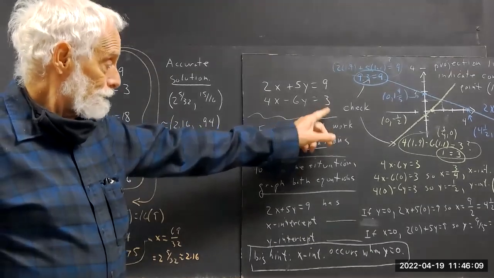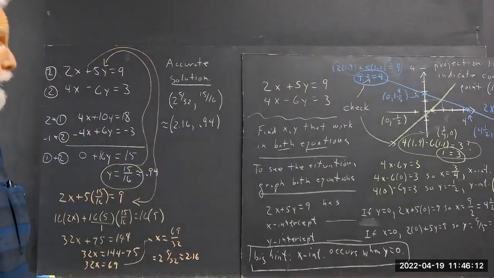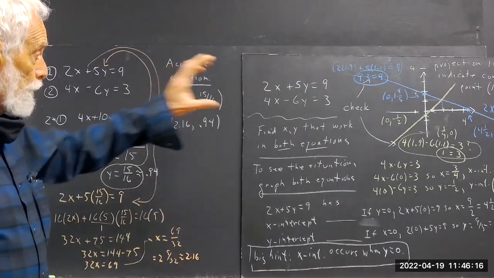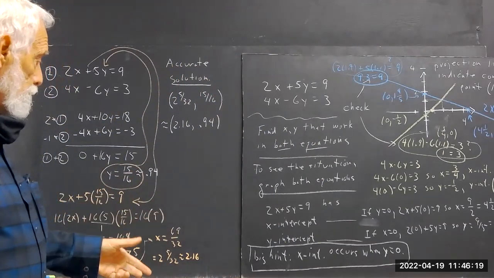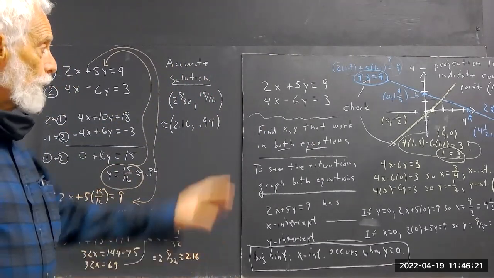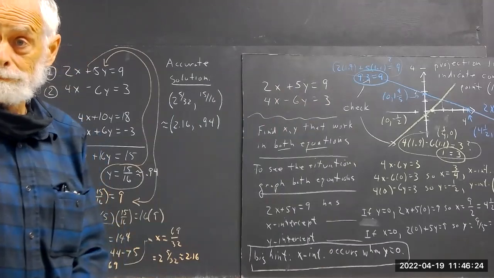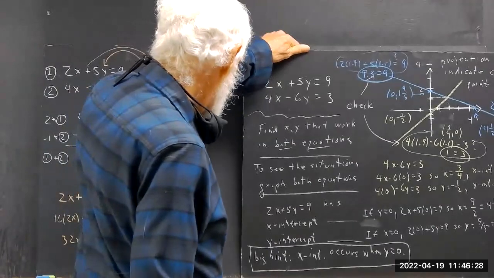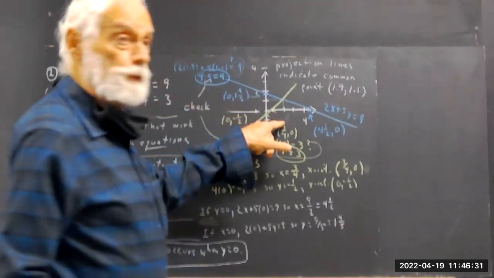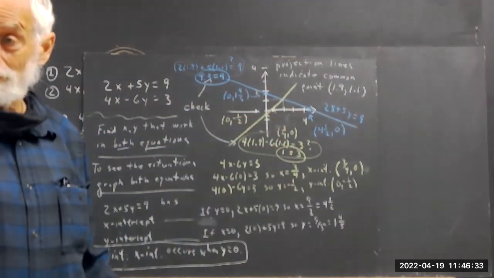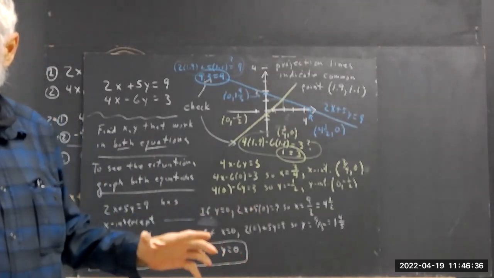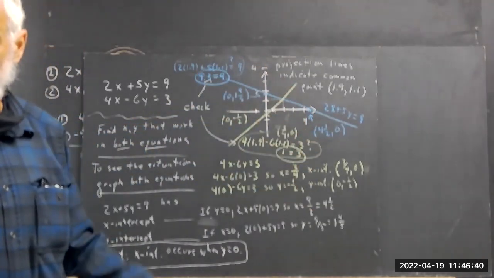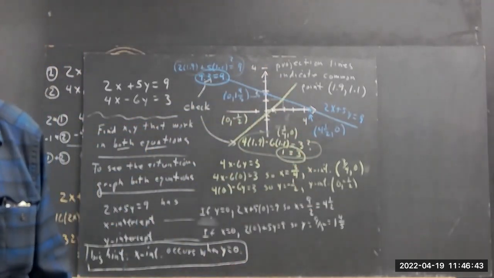If I use the exact fractions, and I would actually use them in improper form, 15/16 and 69/32 should give me exactly 9 and 3. So again, lesson is graph works as far as it does if you get it right. If you got a well-drawn graph, your intersection point is going to give you something pretty close to a solution, but you can't count on it to give you the exact solution.